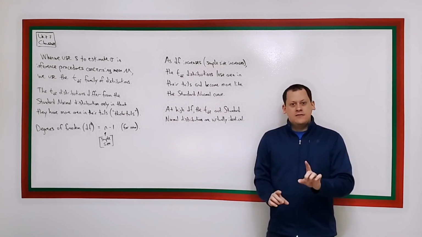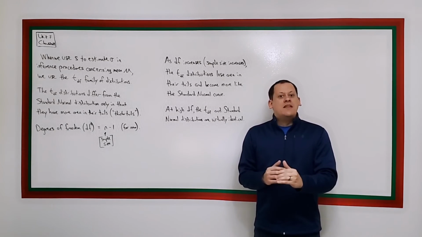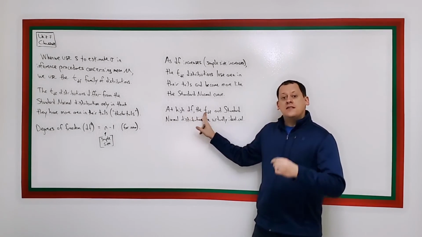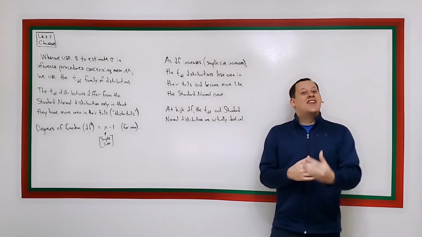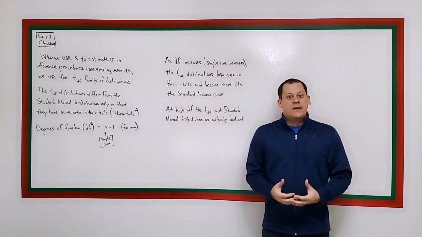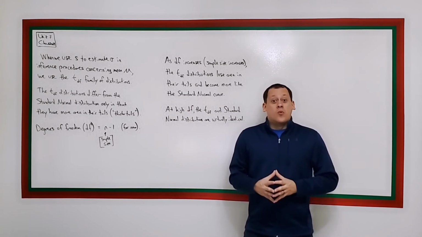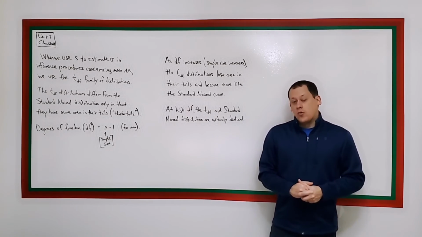And it turns out, a little bit of a spoiler here, it's going to be easier to meet the conditions to use the t distribution than it was to meet the normal distribution. So that's another reason that t is good. Not only does it give us accurate confidence intervals, but we're going to be able to use it in more scenarios than we were using the normal curve.